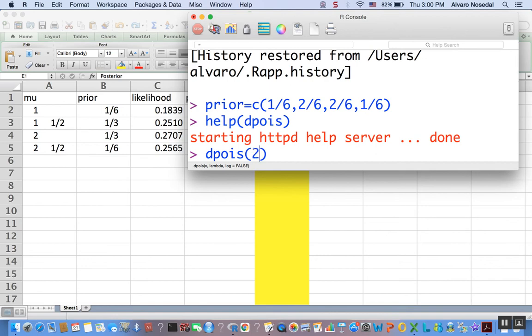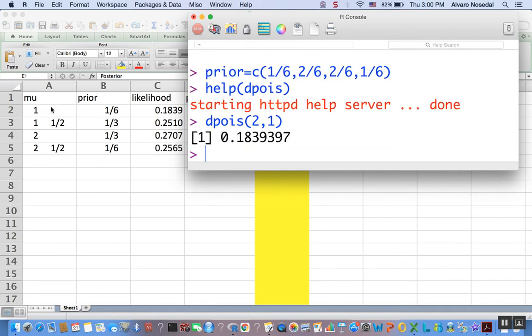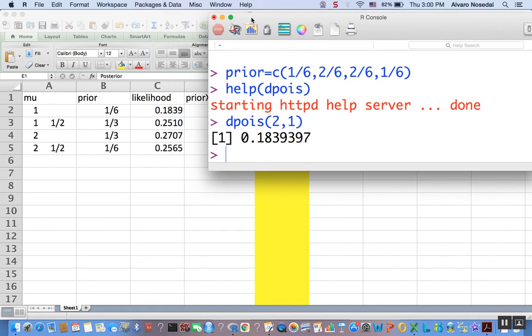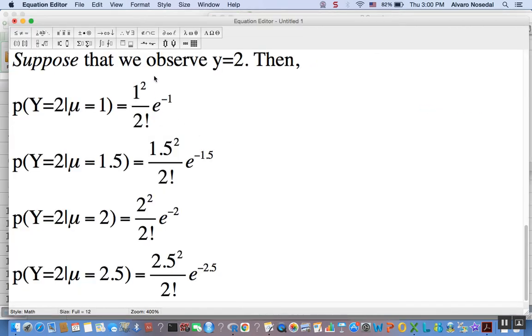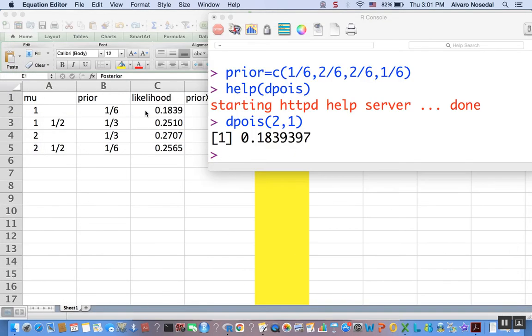Our observation was 2, but the mean was 1 for this one, assuming the first value. And when we did that by hand using that expression, that's the likelihood of y equal to 2 given that mu equals 1. That's the first value that we have here.